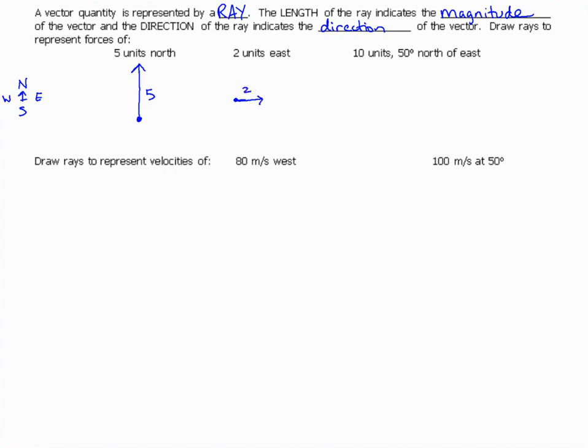If you compare your rays here, these should be relatively proportional in size. Now it's just a rough sketch, but if this was 2 units, this should be 5 units, maybe a 2 being here, and another 2, and then the last. So these should roughly indicate the size.